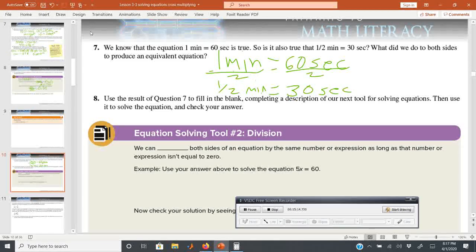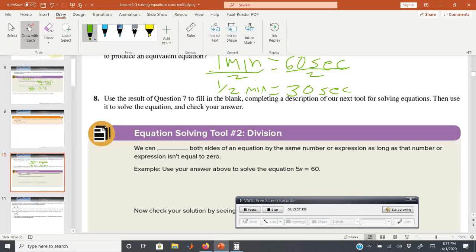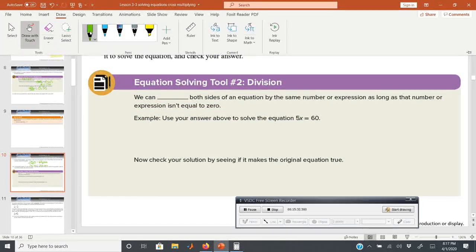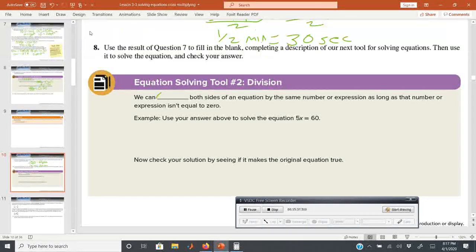So if I'm going to end up with 30 seconds and 1/2 a minute, then I would need to divide both of these by 2. And we notice that dividing them both by 2 also results in a true statement.